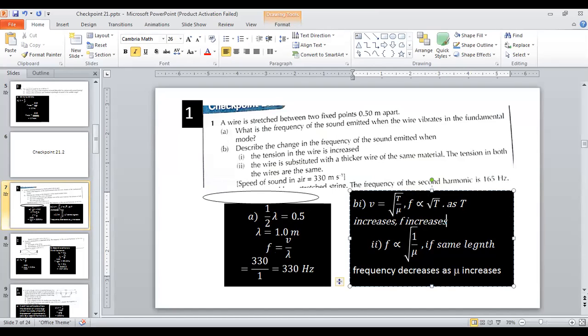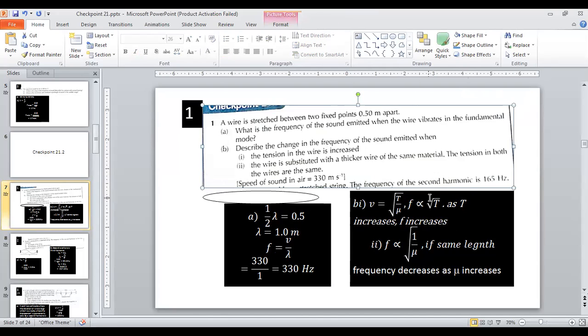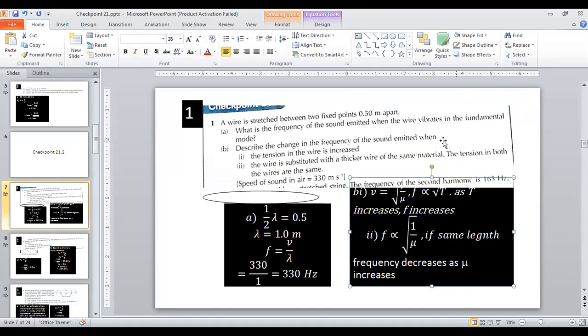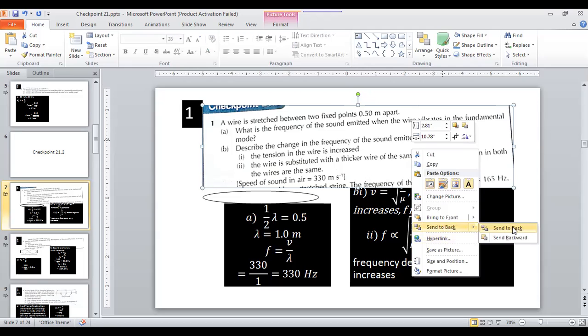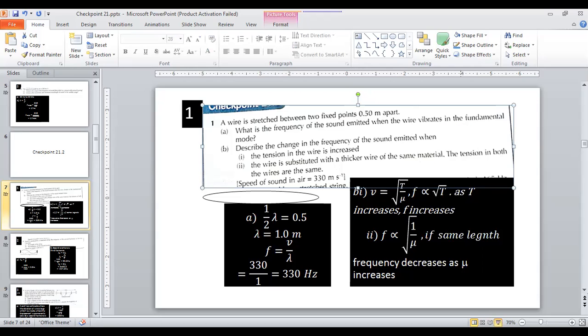That's all, based on the formula. Any comment? Anything not clear? Any question?